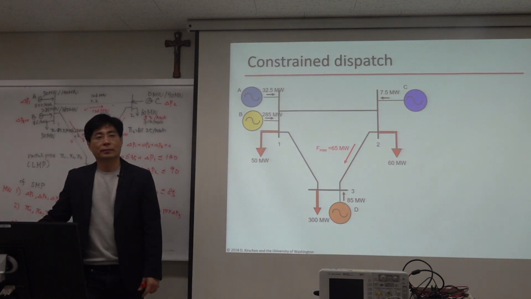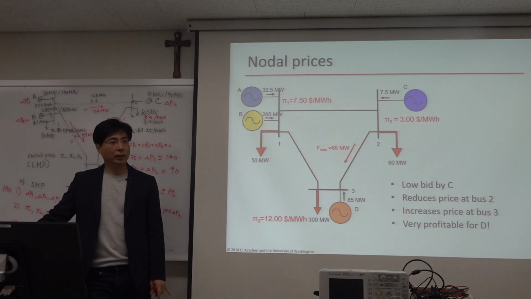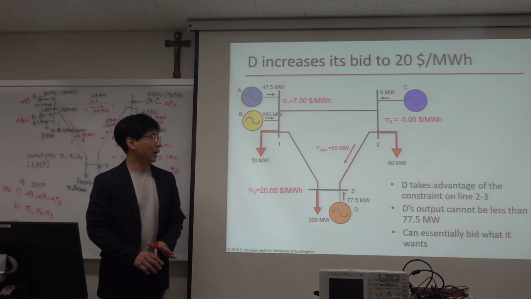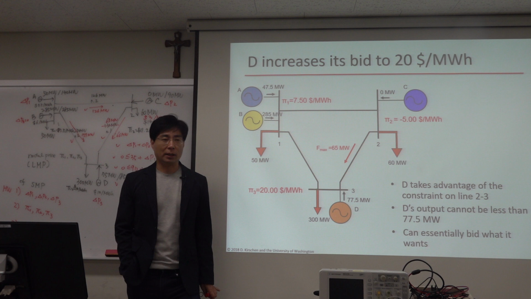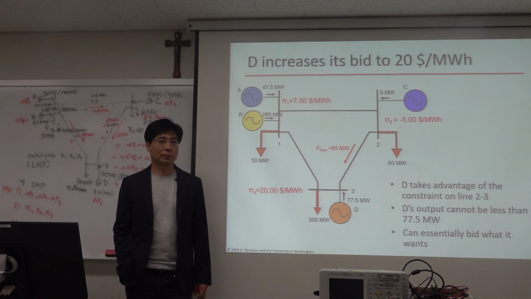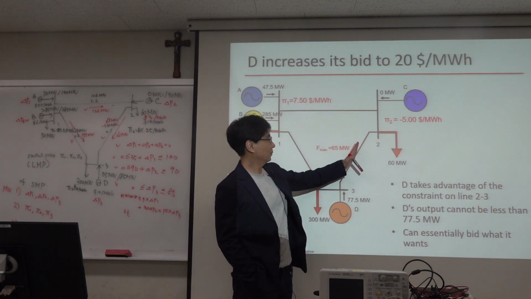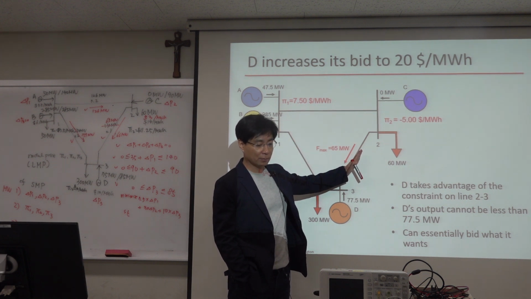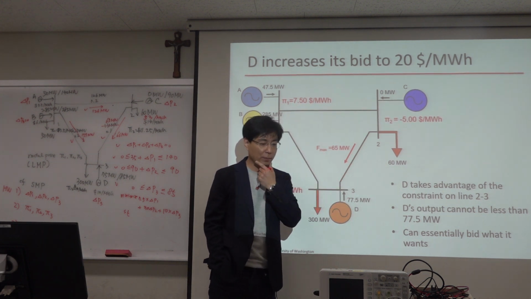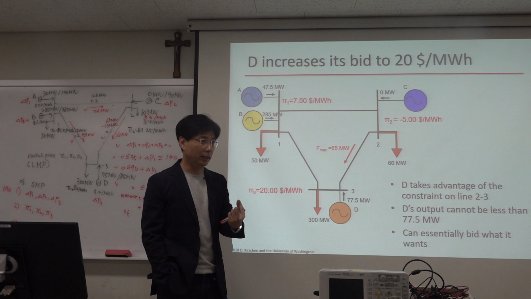So I don't want to say he is evil, but after observing what happened, he decides to exercise his market power. Why? When this capacity is reduced by half, I can take advantage of that. He decided that.